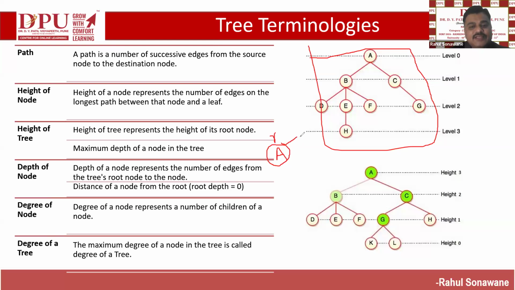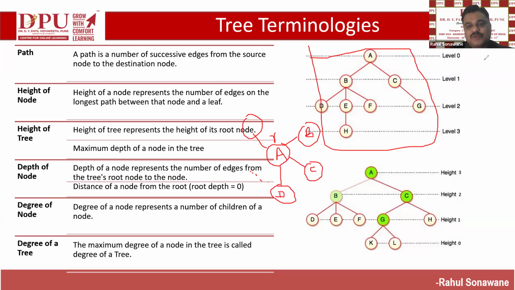I can attach B to this A, and I can attach C again to this A, and I can attach D, like this, because as per the definition that we have just seen, our remaining data or remaining information needs to be distributed into n disjoint sets.